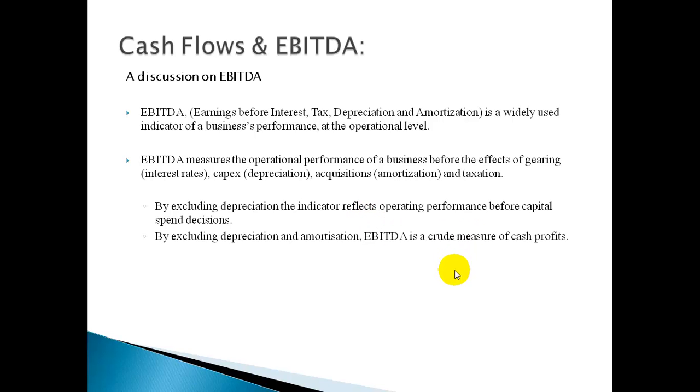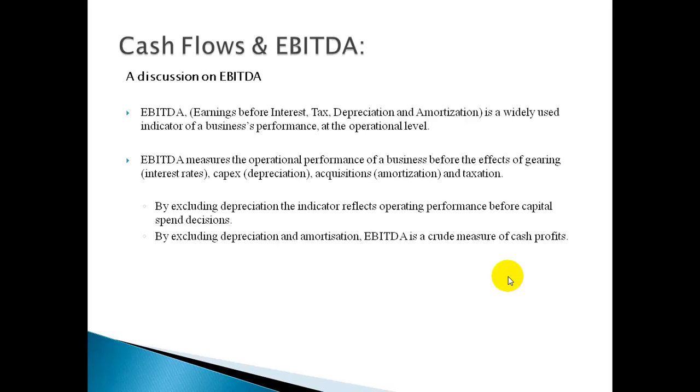If I exclude amortization, I then get to a clean profit figure that ignores one company which may be on an acquisition trail and there's goodwill on its balance sheet, and therefore they're writing goodwill off over time as an amortization cost in the income statement, and company B has no amortization.